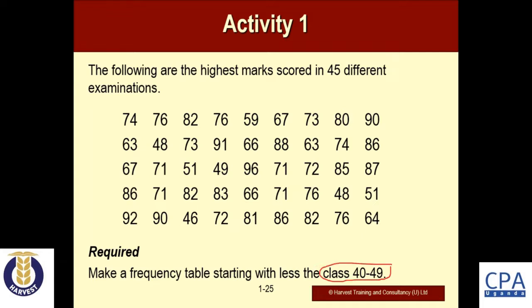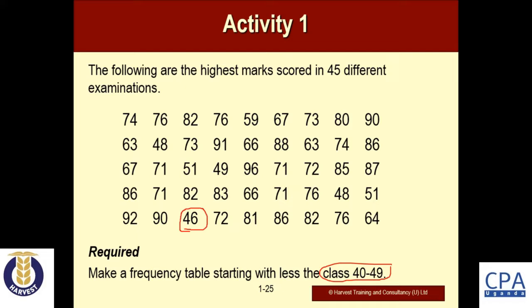So when I look at all the scores given to me, I can confidently say that the lowest score in that examination was 46%. All right, so we are sure now that the lowest score is 46 and it fits in the very first class limit that has been given to us.